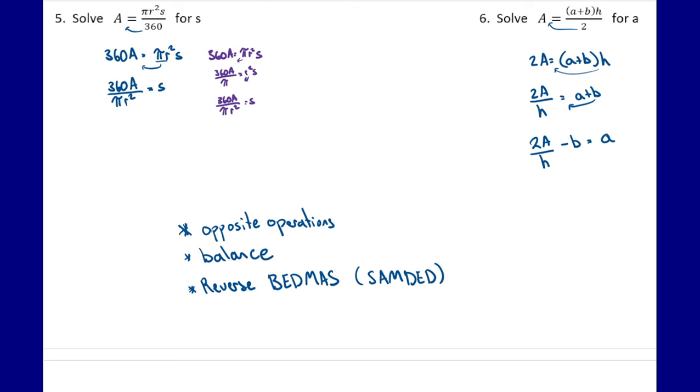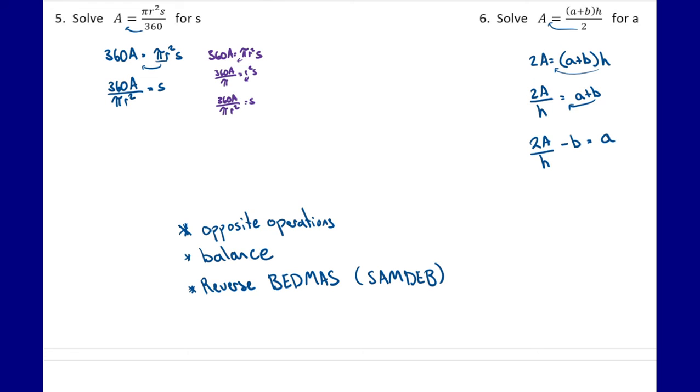So we focus on any subtraction or addition, then move on to multiplication or division, then exponents and brackets.